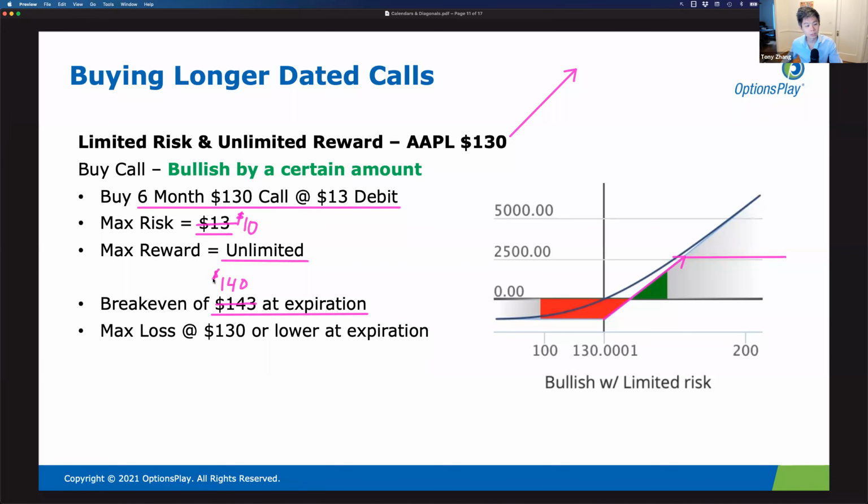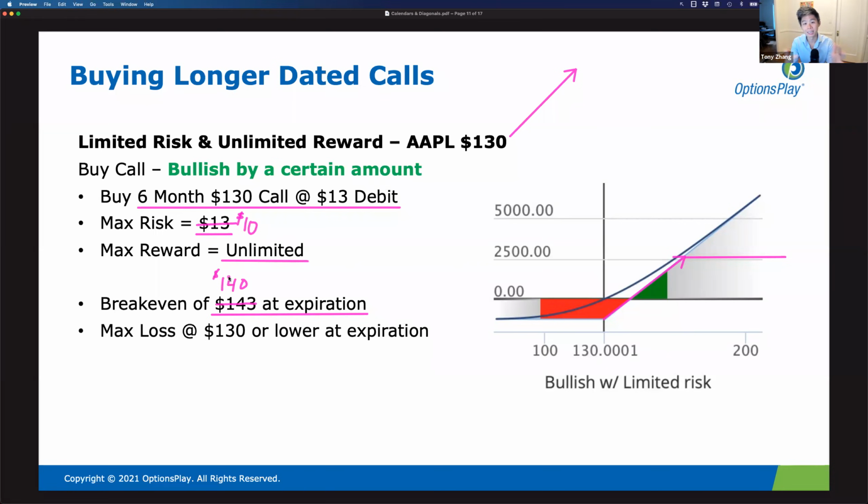When you trade these debit spreads, you're trying to improve the odds a little by decreasing your risk and decreasing the break-even price, so that if the trade goes in the direction you expect it to, you have a higher return and a higher probability of profit because you've reduced that break-even cost. But with debit spreads, you can only go so far, meaning you can't reduce the cost of your long call by more than 20, 25%.